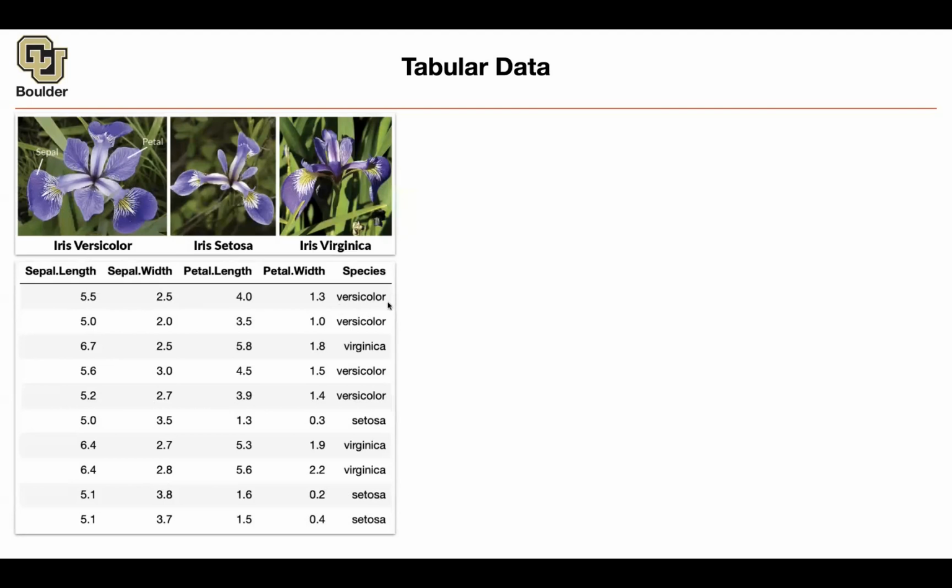The corresponding class is versicolor. Some of them are virginica, and they have different measurements. Each row is an observation, and each column is a feature. The scientist collected 150 observations, and you have 5 variables.